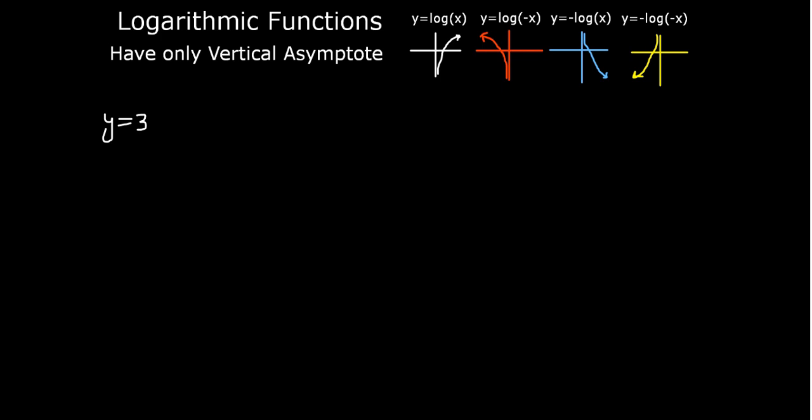y equals 3 minus log of 5 minus x base 4. We've got y equals 3 minus log of 5 minus x base 4. Okay, here again they trick you. They should say that it's y equals negative log of negative x plus 5, and then plus 3.